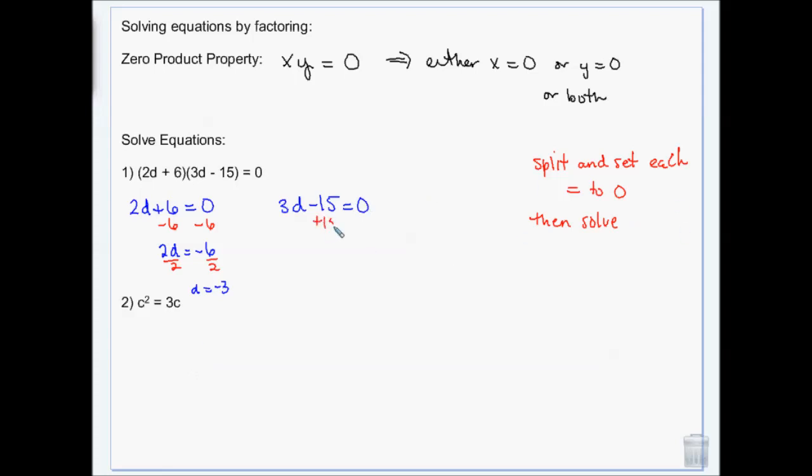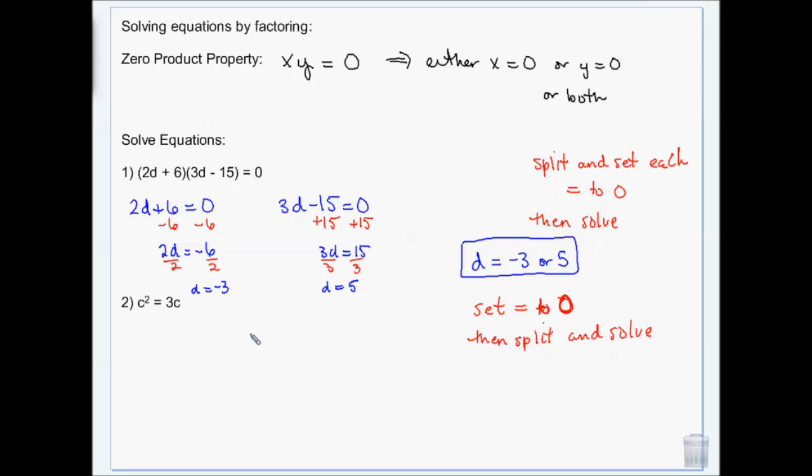Over here, add 15 to both sides and I get 3d equals 15. Divide by 3, and I get d equals 5. So I had 2 parentheses, so I'm going to get 2 answers.